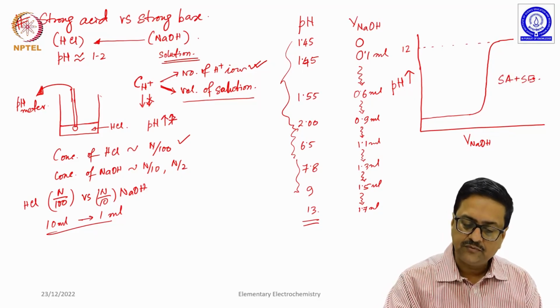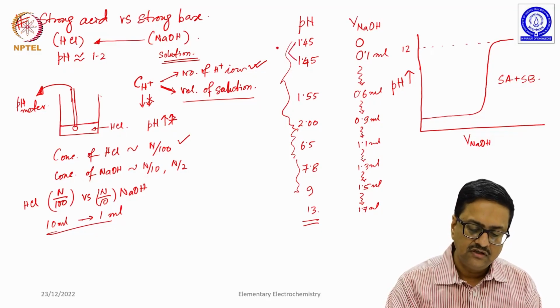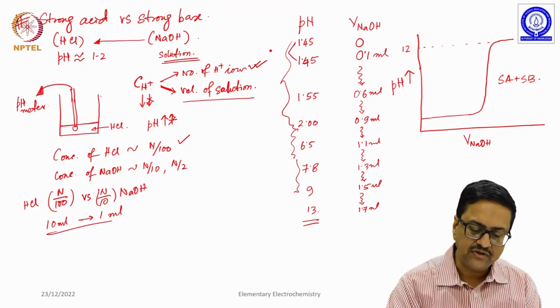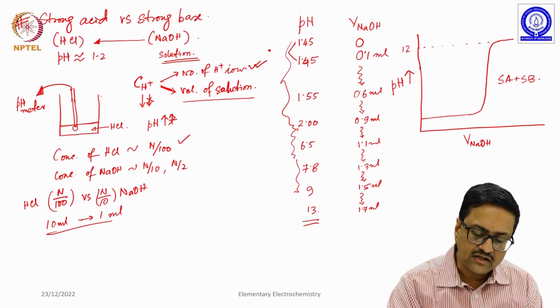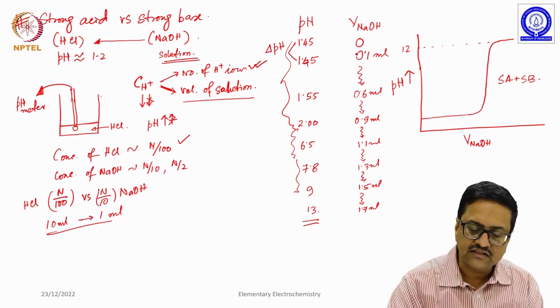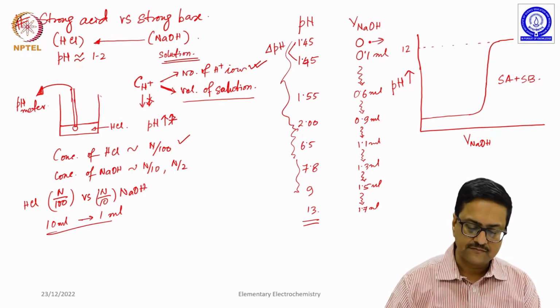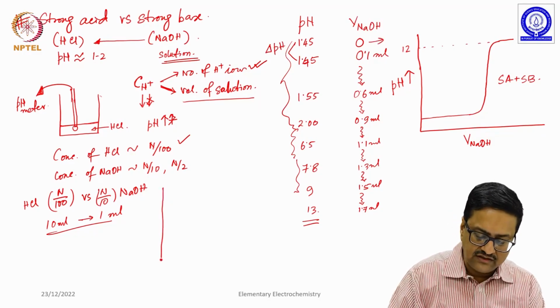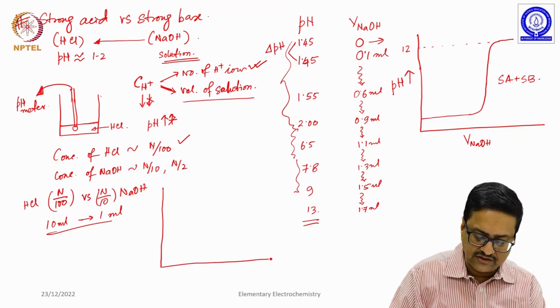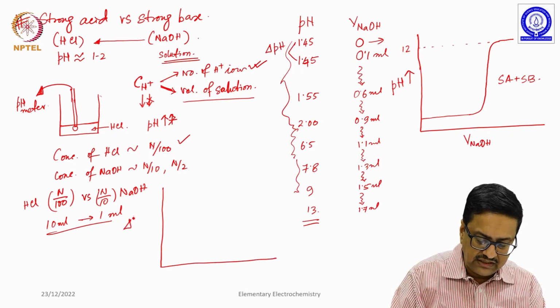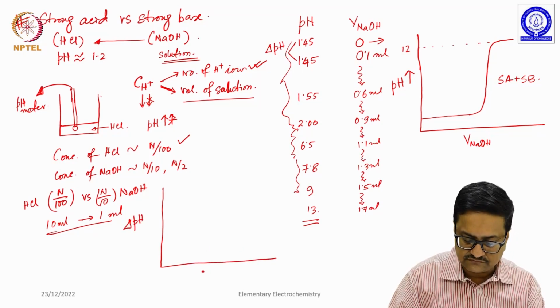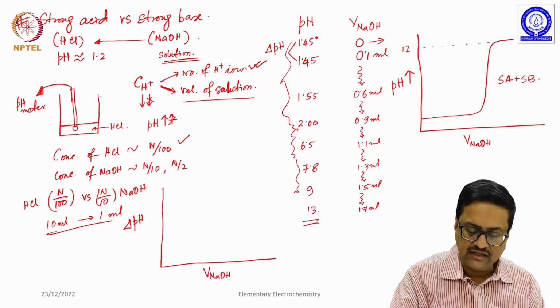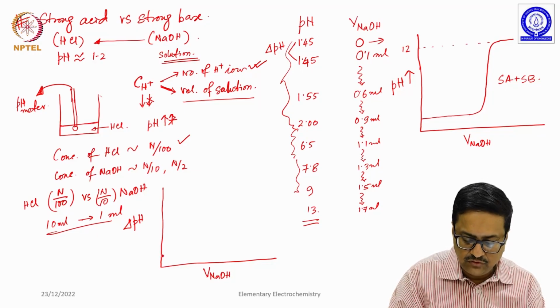So, now like the previous experiment where we were talking about delta E versus delta V, here you can plot delta pH versus volume of NaOH. So, what you will see is again interesting. If you plot delta pH versus V NaOH, you will see that initially there is no increase.